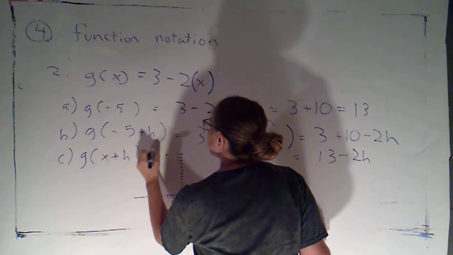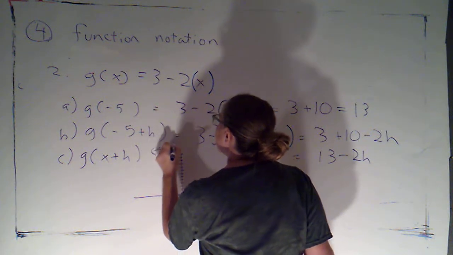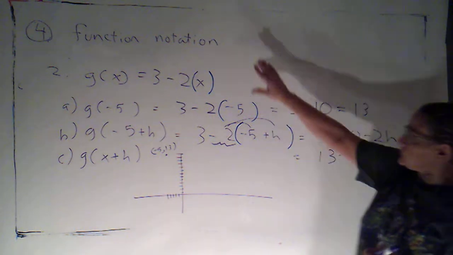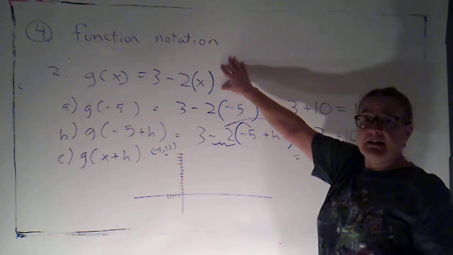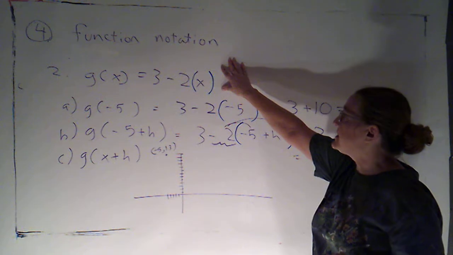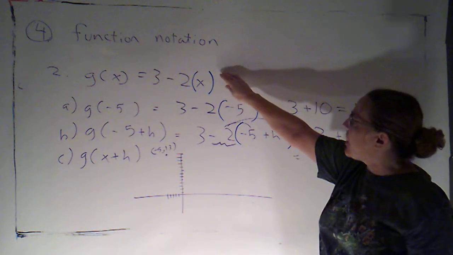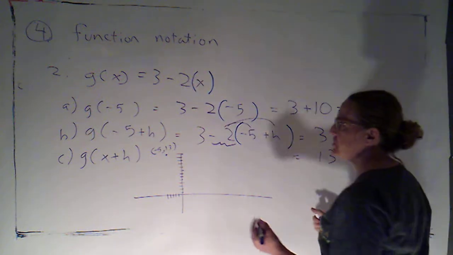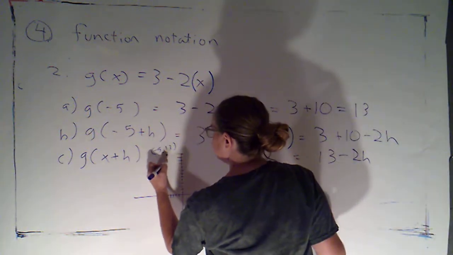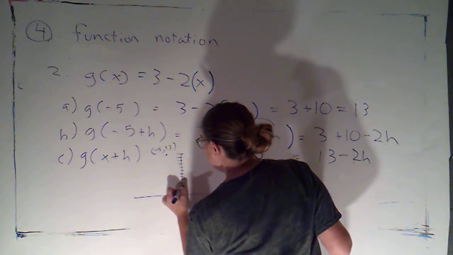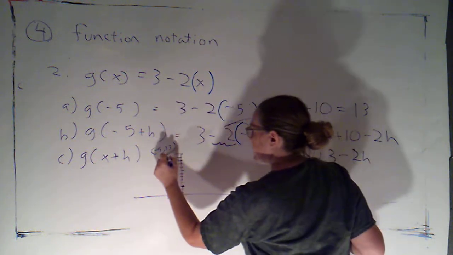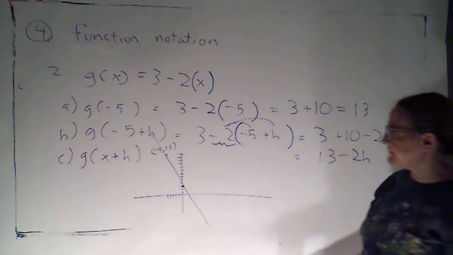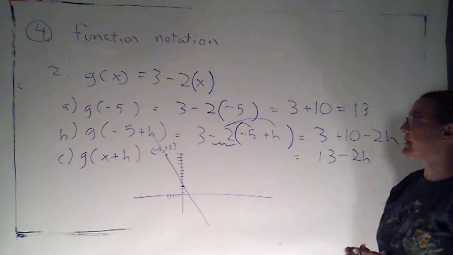I'm going to have this lovely point, -5, 13. Now, you might remember from graphing lines in previous classes that this is actually just going to be a line whose slope is -2. So we would go down 2 and over 1 and ultimately have a y-intercept of 3. So this is what the graph of that function looks like.